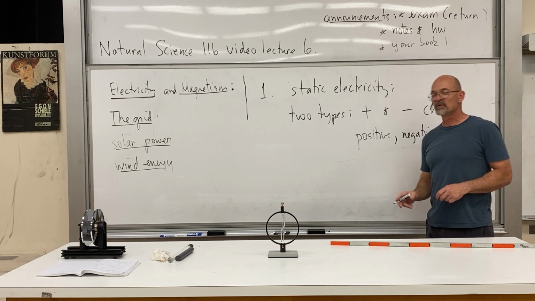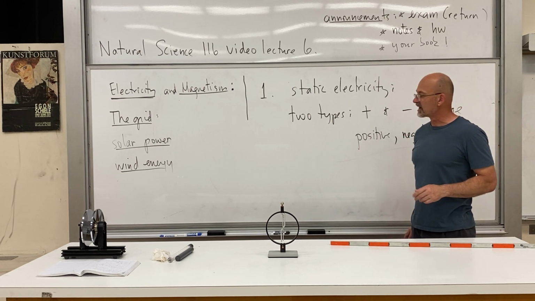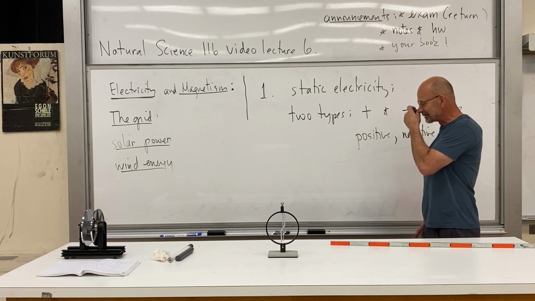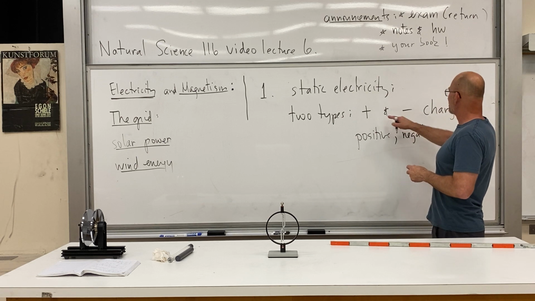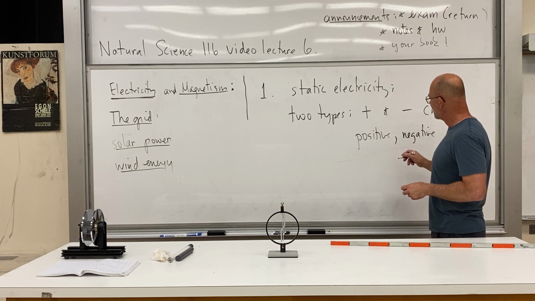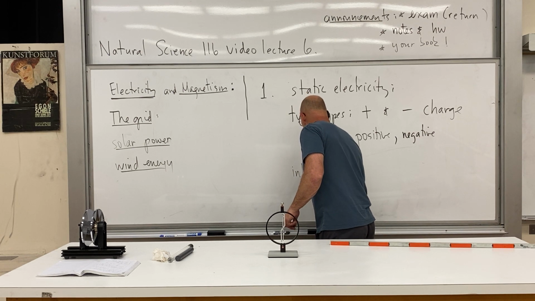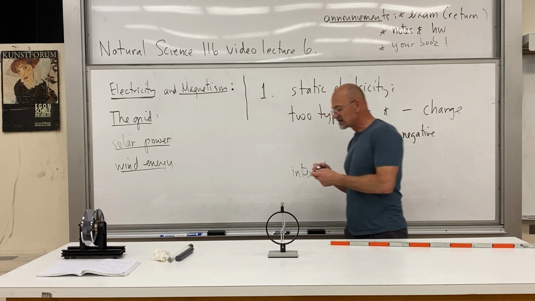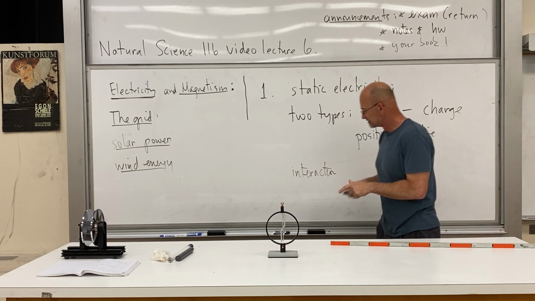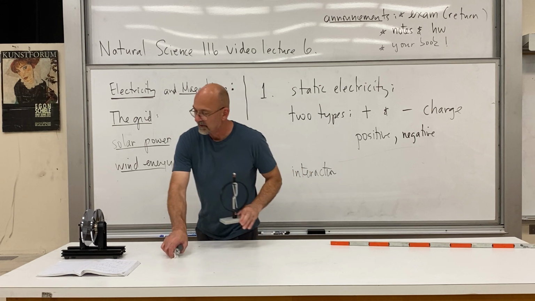The association with electrons and protons, you can look that up as well. We're not going to have to really deal with that. So we've got positive and negative charge, and there is an interaction. Say there's an interaction, I just mean there's a force. And I just demonstrated that force. Okay.